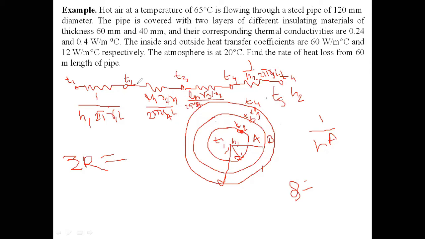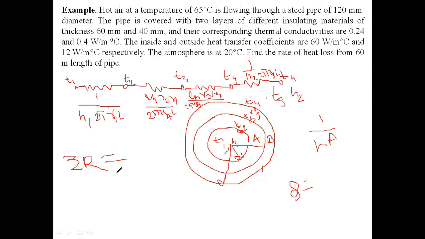So Q equals T2 minus T3 divided by ln R2 by R1 divided by twice pi K into L. And T3 to T4 is again conduction. So this is ln R3 by, sorry, R3 by R2 divided by twice pi K into L. And T4 to T5 is again convective heat transfer. So this is 1 by H2 into contact surface area. The outer radius will be R3, so the contact surface area will be twice pi R3 into L.